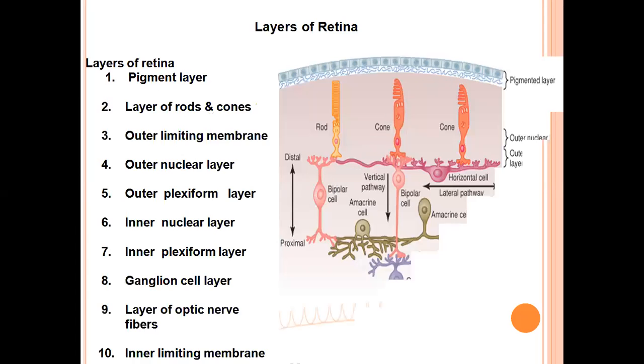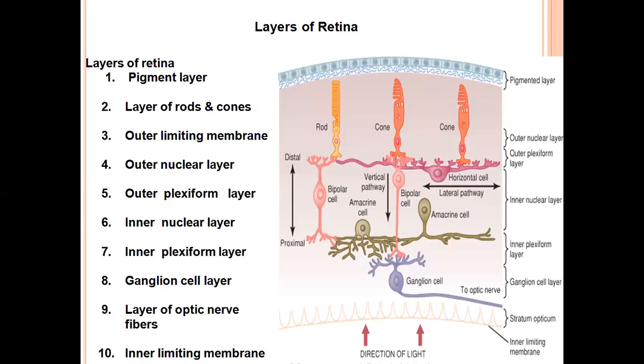As you know, there are 10 layers present in the retina, starting from the pigment layer. Then we have the receptor layer, that is rods and cones. Then we have different cells in the inner layers of the retina: bipolar cells, amacrine cells, ganglion cells and horizontal cells.